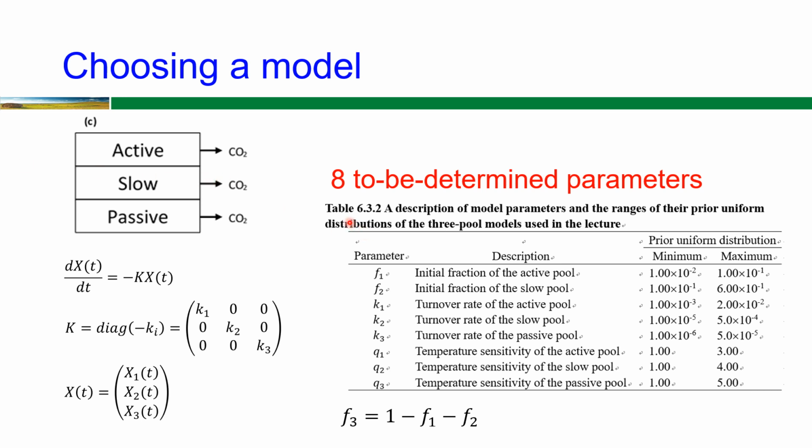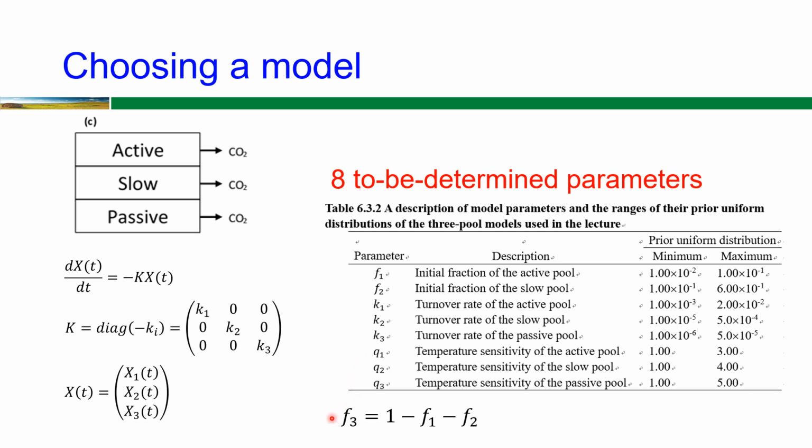The three-pool model has a total of 8 parameters to be determined, including the initial fractions of active and slow pools, F1 and F2, turnover rates of organic carbon in three pools at 25 degrees Celsius, K1, K2, and K3, and their corresponding temperature sensitivity parameters, Q1, Q2, and Q3.